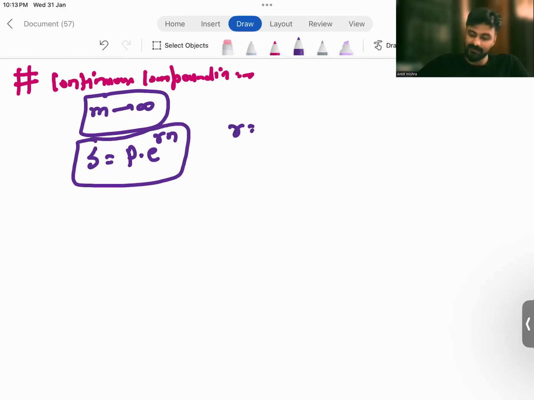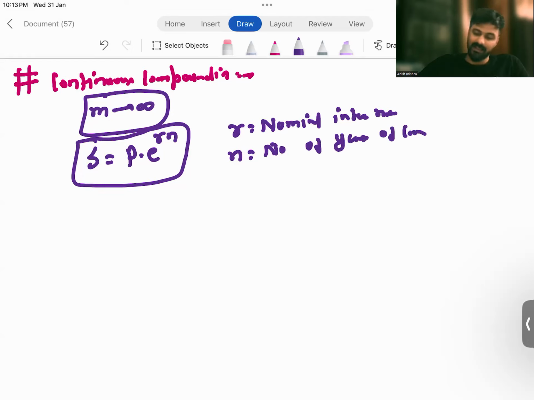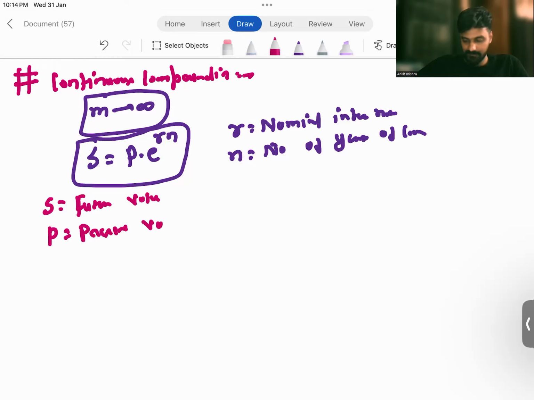Here r is your nominal interest rate and n is your number of years of compounding. And obviously, S is your future value and P is your present value, right?